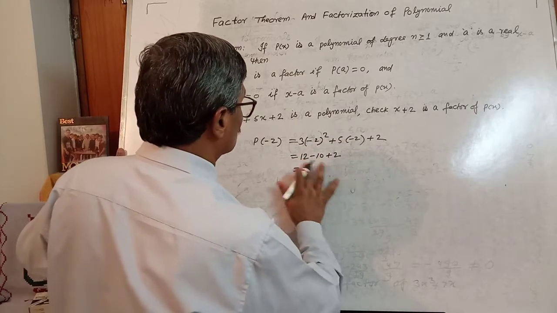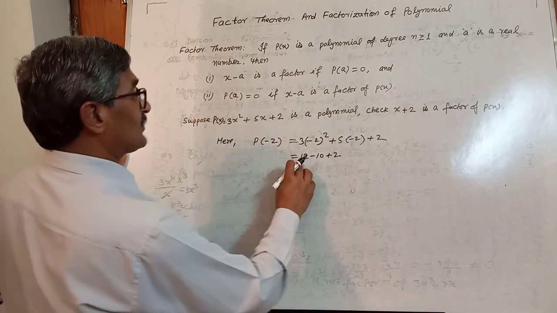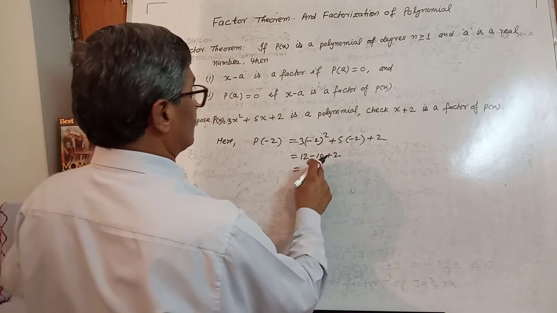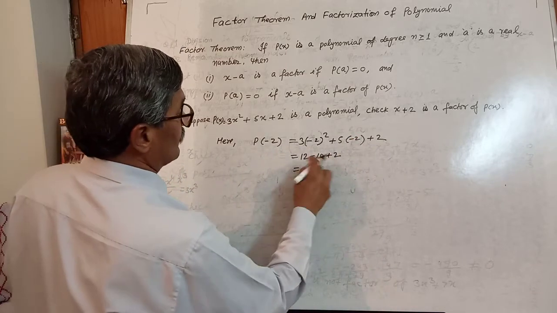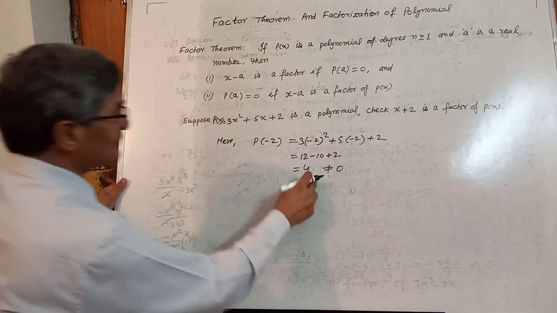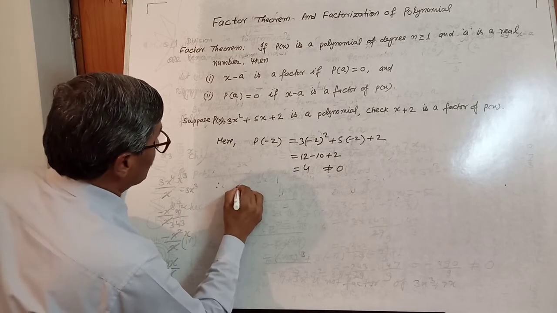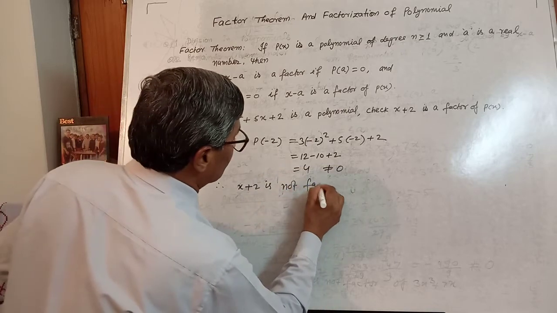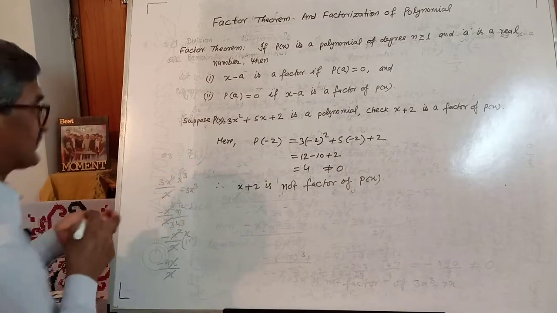Here we are getting 2 plus 4 minus 2. 3 into 4 is 12, 12 plus 10, and 2. We are getting 4, which is not equal to 0 again. The decision is, this is not equal to 0. Therefore x plus 2 is not a factor of p(x).